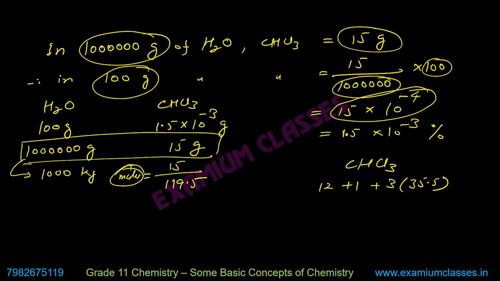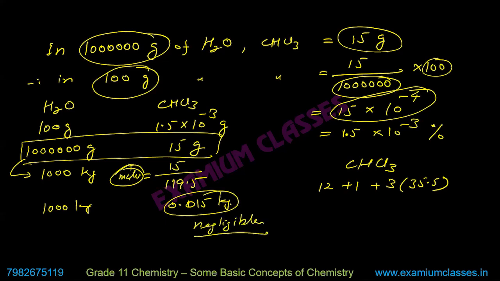Now you might say that this 1000 kg is mass of whole solution, but we need mass of only solvent. Just see here. This is 1000 kg and this is 15 gram, which means 0.015 kg. This is negligible, almost zero as compared to 1000 kilograms.